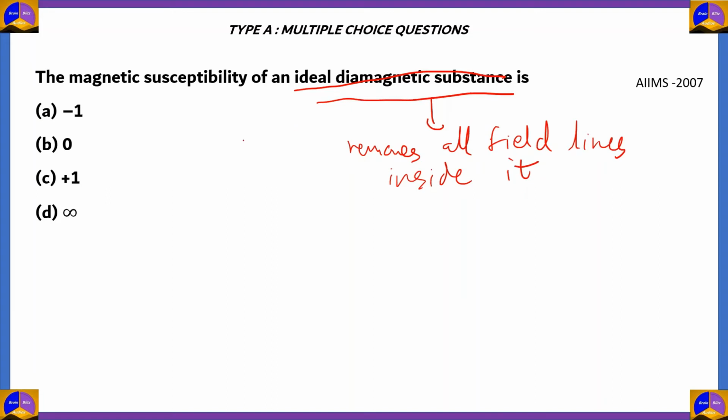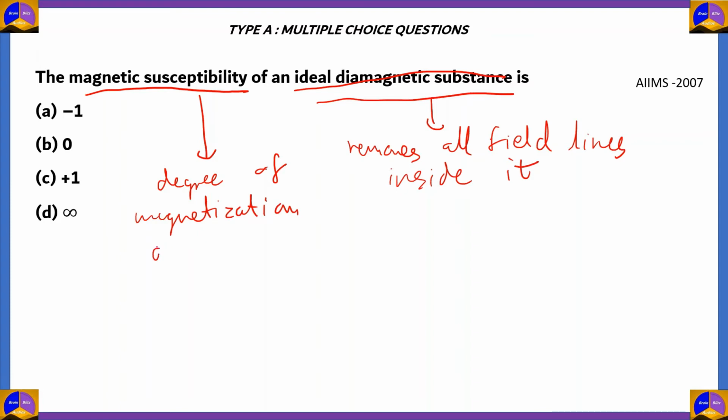And when we look at the quantity magnetic susceptibility, it is the degree of magnetization of a material in response to applied external field.